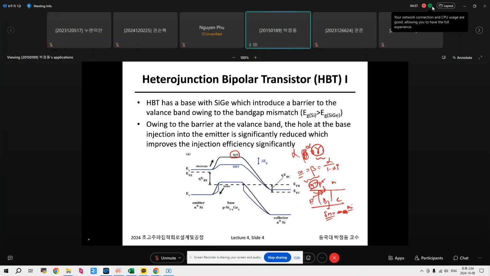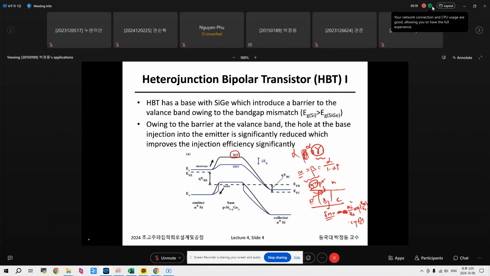divided by Na, times exponential of Vbe over Vt, times exponential of x over L minus 1, which is something like this.